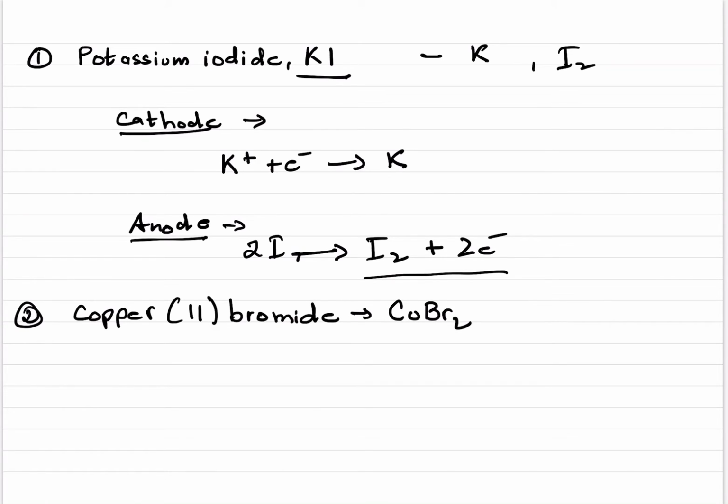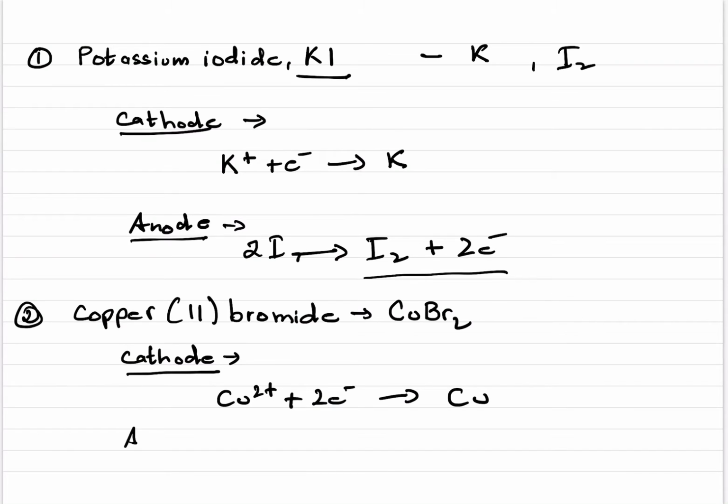CuBr2. So what is taking place at the cathode? Copper ions will go to the cathode, gain 2 electrons and form copper metal.